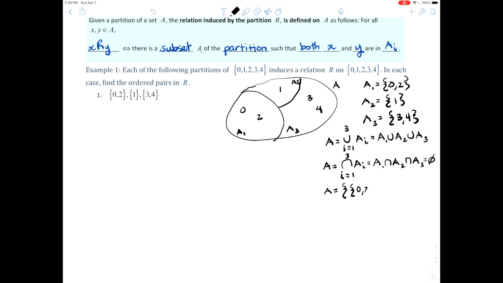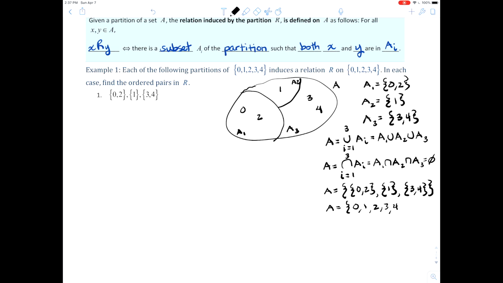So we have the subset {0, 2}, which was our A1, the subset {1}, so you can't just put the element 1, you have to put the subset {1}, and then the subset {3, 4}. And of course, if you don't look at the partition, A is equal to {0, 1, 2, 3, 4}.